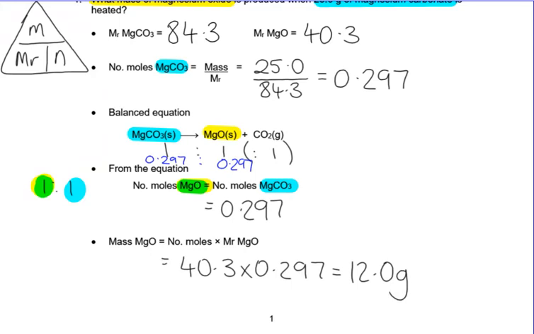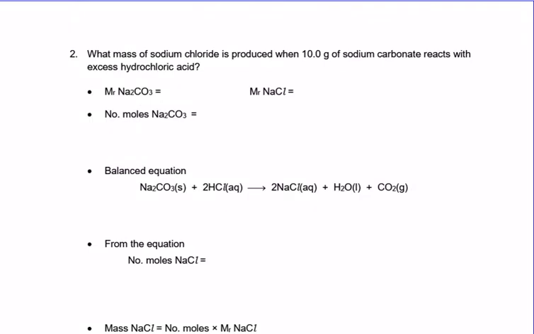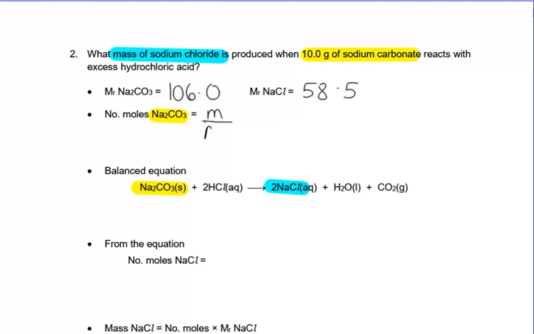So let's look at our second example. See if you can work out the MRs of these two, sodium carbonate and sodium chloride. So I've worked out the MRs, and now I can use my formula, my equation to get the number of moles. So 10 over 106, and we're getting 0.0943.